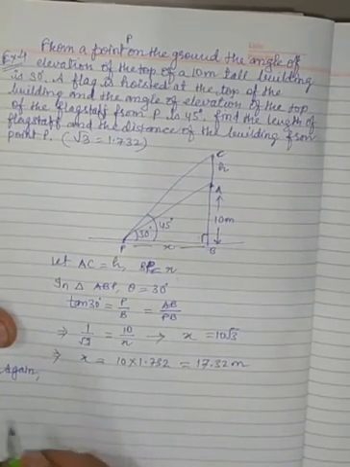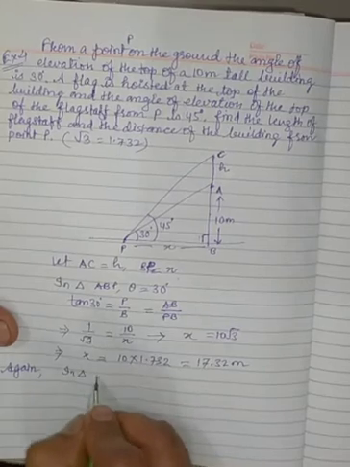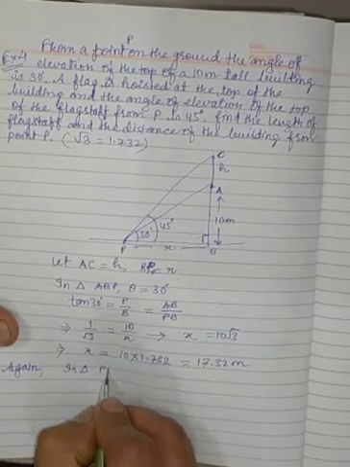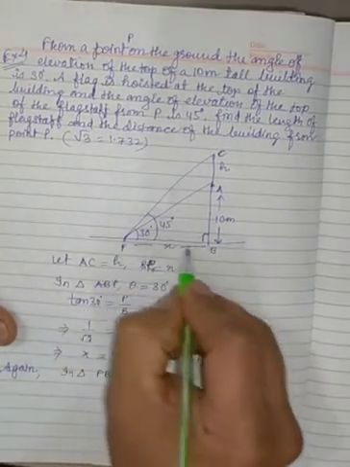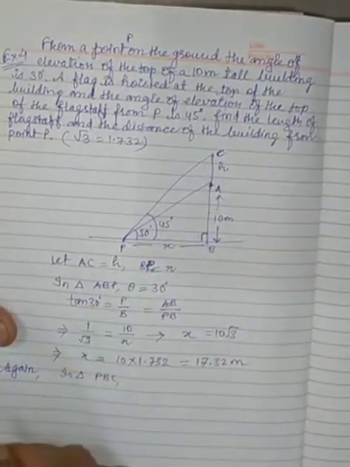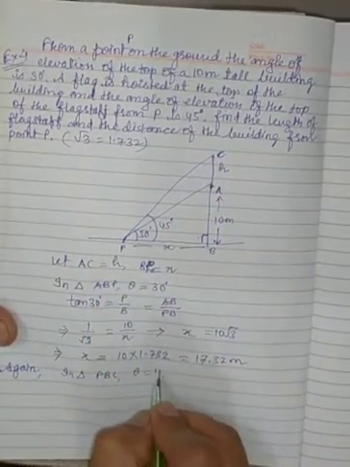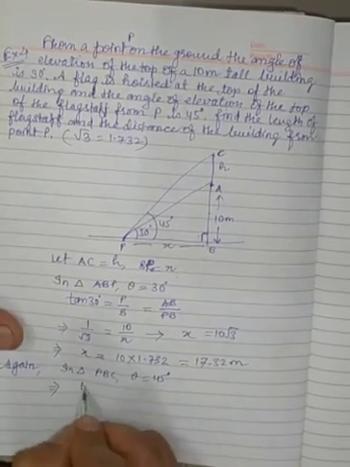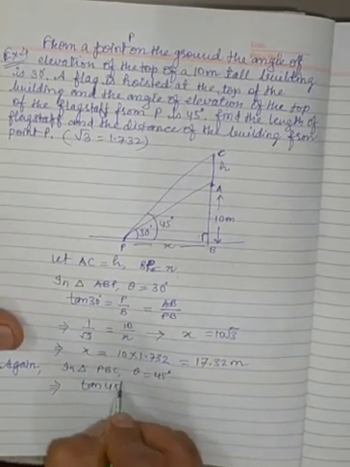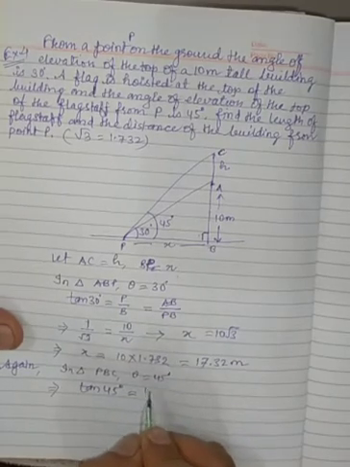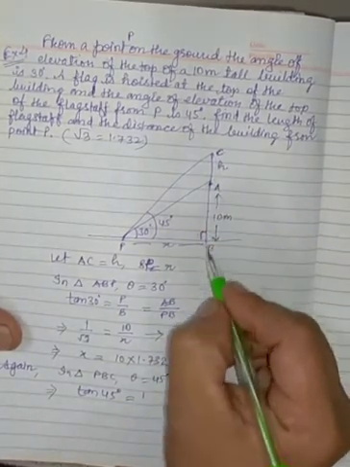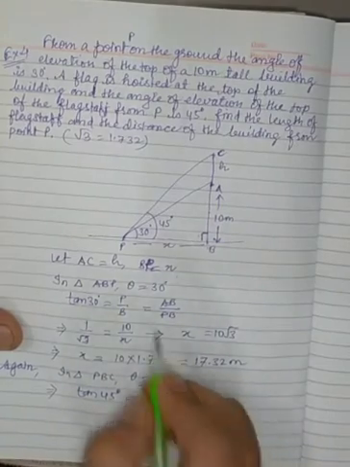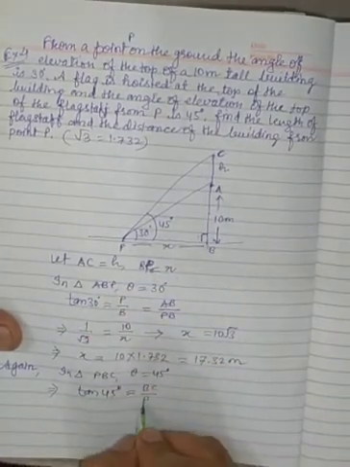Again, in triangle PBC, the full triangle PBC, theta is equal to 45 degrees. Therefore, tan 45 degrees is equal to perpendicular upon base. Perpendicular is BC, upon base is PB.